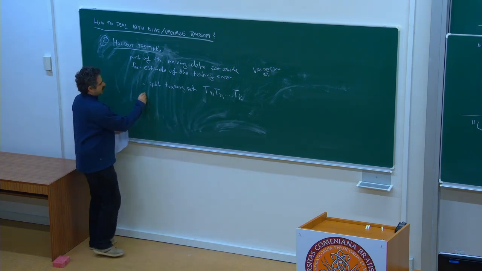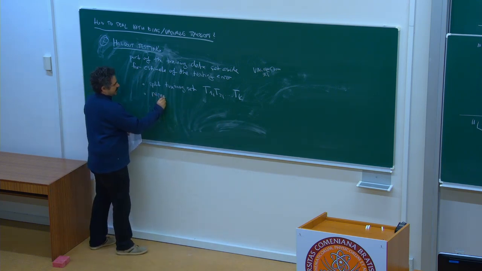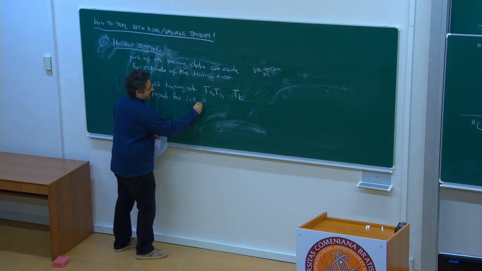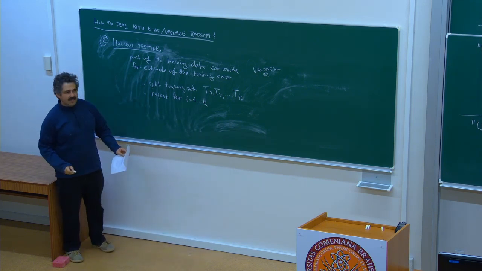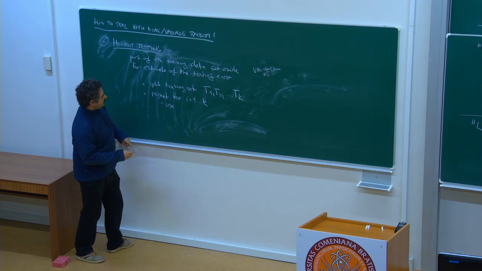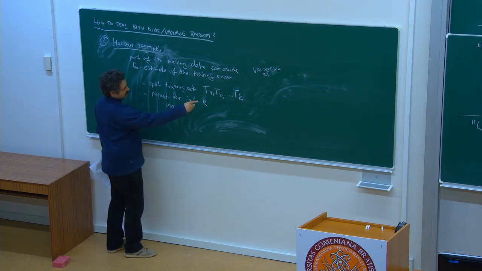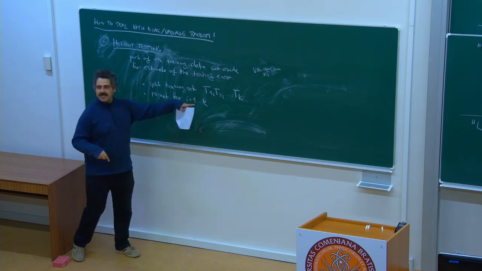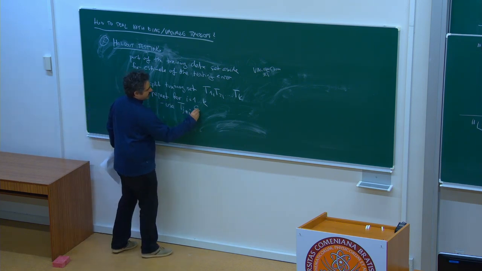And now repeat for all i from 1 to k. The idea is to use all Tj except for those that are not i. So everything else except for Ti is used for training.